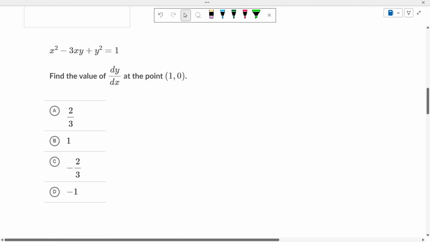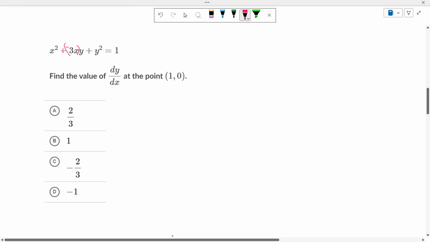What is the value of dy/dx at (1, 0)? What are they asking for here? What is the root of what they're asking for? Slope. What's the slope at (1, 0)? How do you find it when there's x's and y's involved? Well, you do implicit differentiation. Hey, it looks like the product rule again.